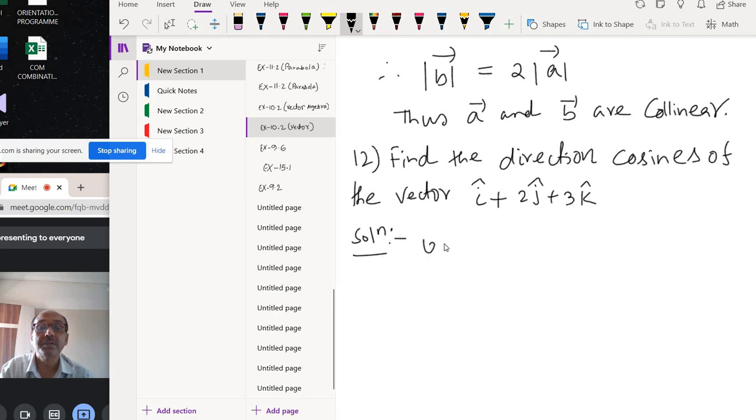So let vector A equal to the given vector i plus 2j plus 3k.